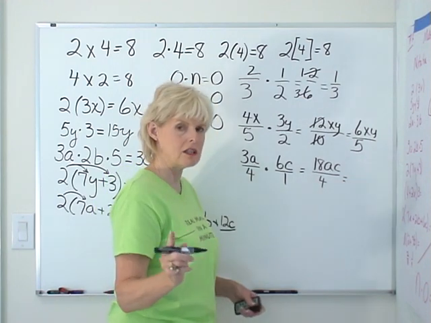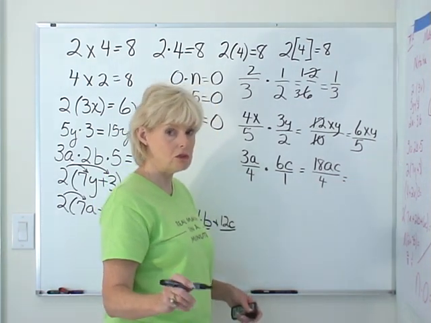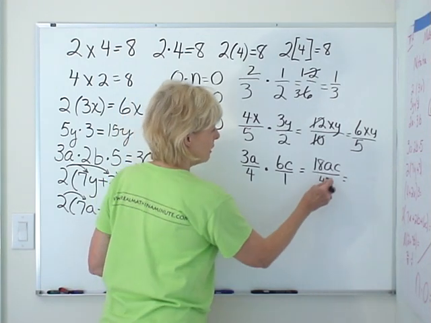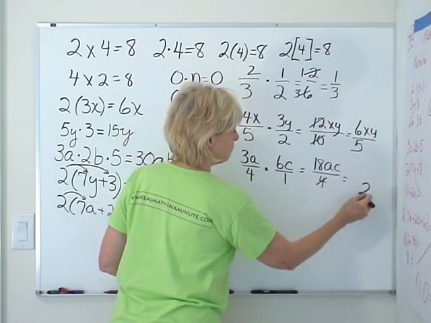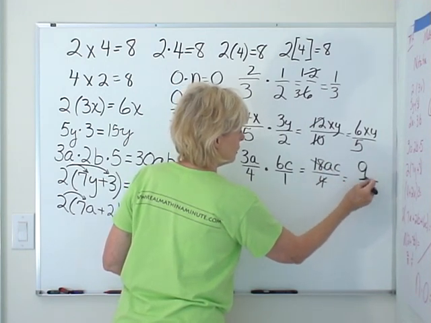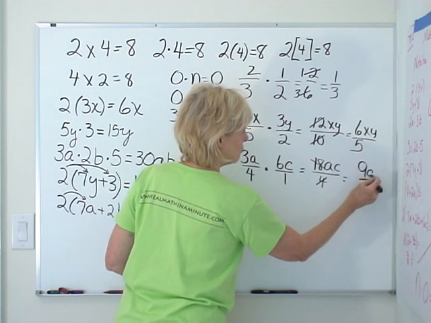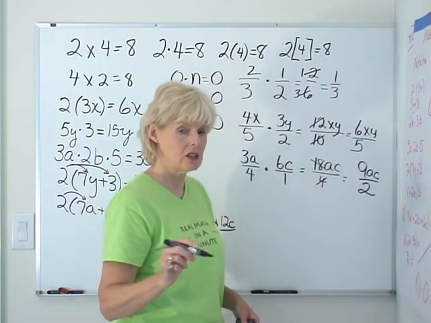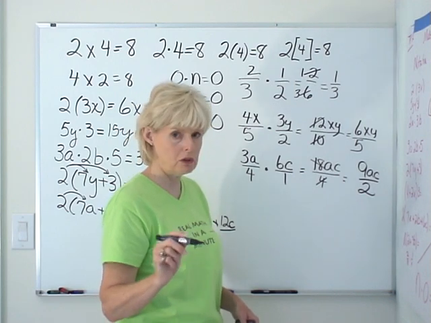We once again take a good close look and notice we can reduce our answer, reducing them both by 2. So we divide 2 into 4 and we get 2. And we divide 2 into 18 and we get 9. We still have our a and our c. So our final answer is 9ac on top and 2 on the bottom.